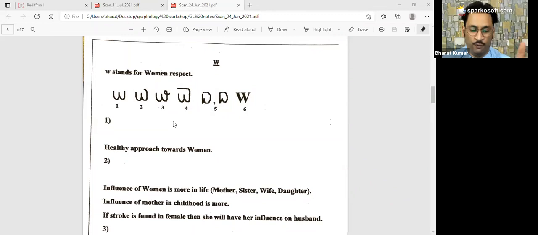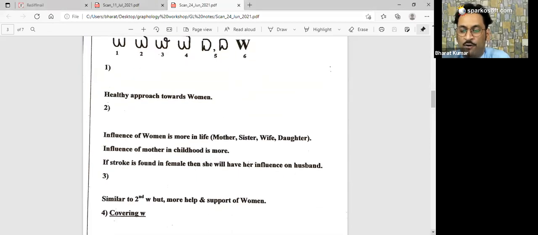So how many of you agree with this trait? If this type 2 W is in the handwriting of a male, you are impressed by a female. If this is found in the handwriting of a female, you are impressed by your husband or a lady teacher. Yes, you are right.